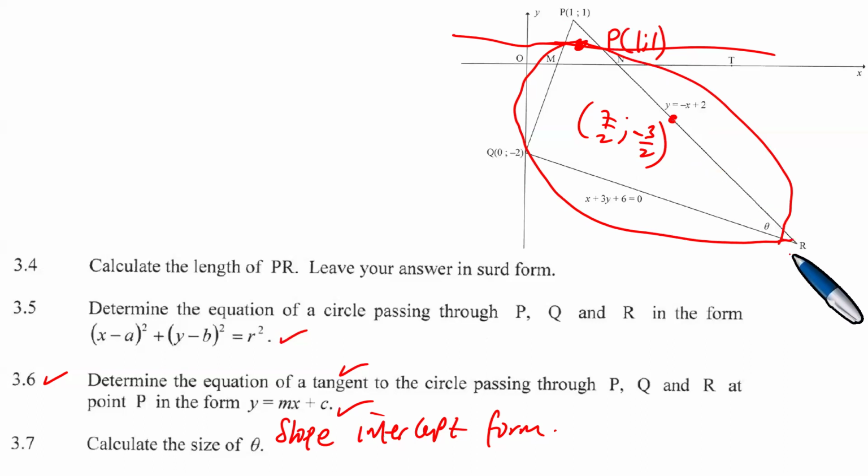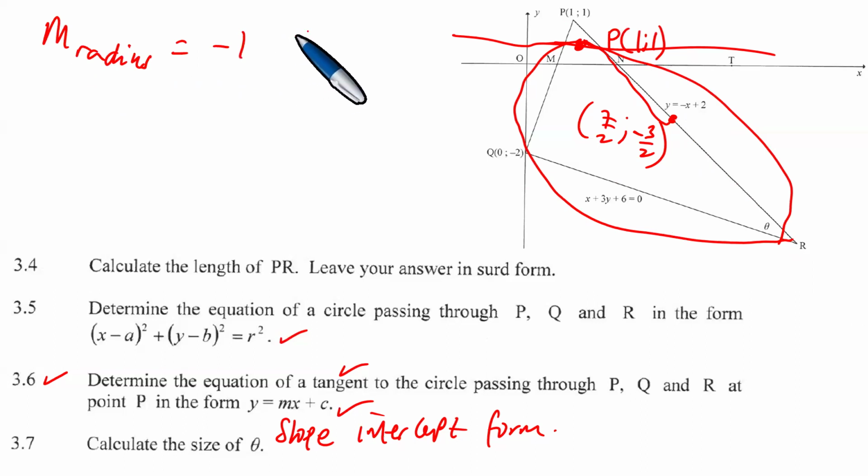This is the gradient of our radius. So in other words, you know that the gradient of the radius is -1. Yes, we can see that this is the radius. This is the equation of the radius. So the gradient is -1.